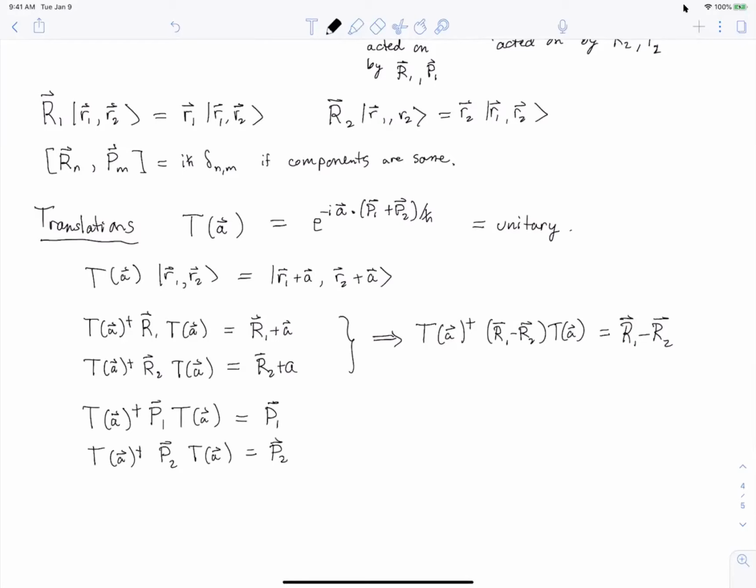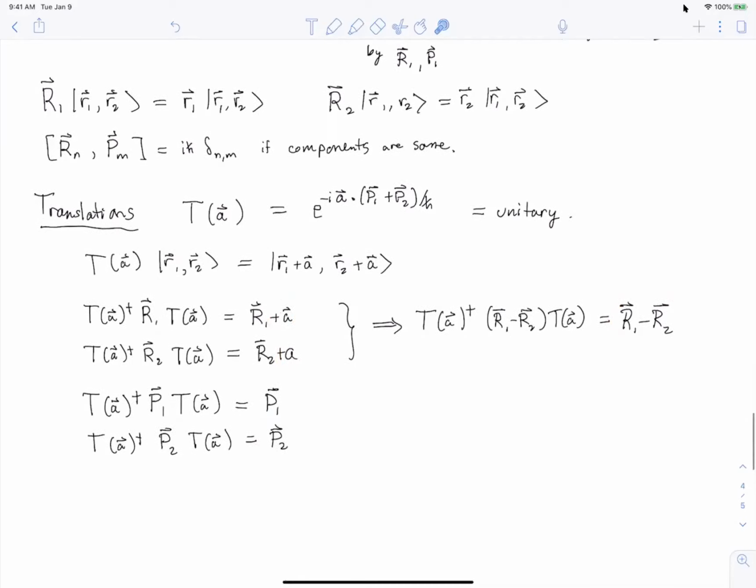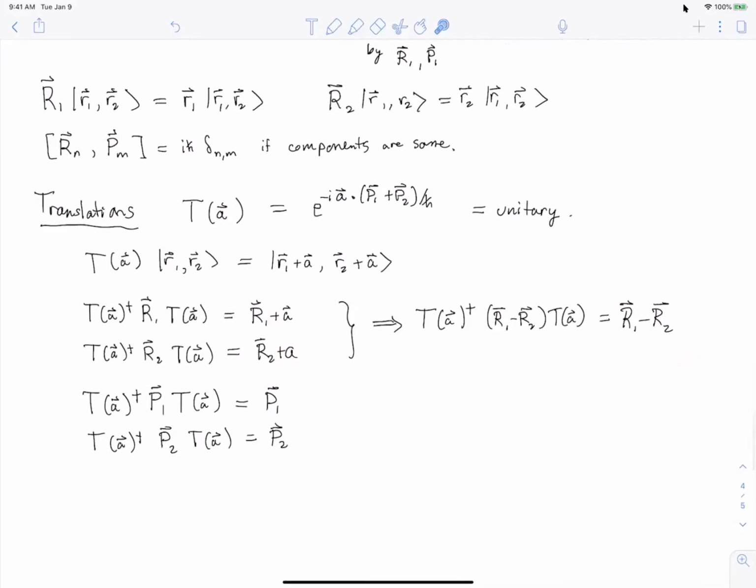So we have three operators here that are not affected by translations: the momentum of each particle, that's two of them, and the difference in the positions of the two particles. The sum of the positions of the two particles doesn't cancel because of the plus A. So that one doesn't count, but that gives us a way of constructing Hamiltonians that will be invariant under translations for multiple particles. And that's where we'll start next time.